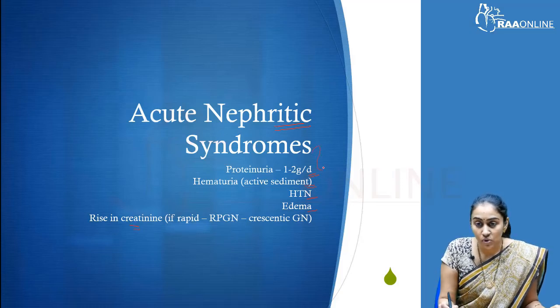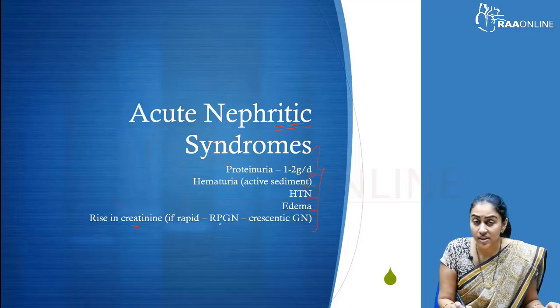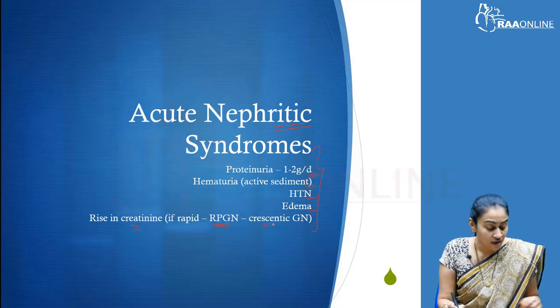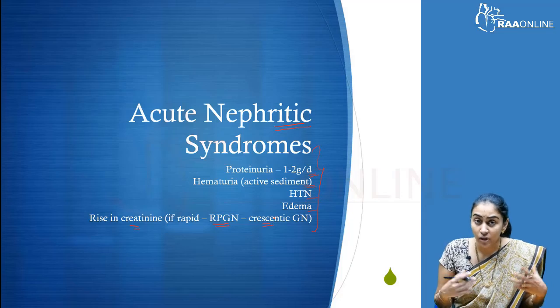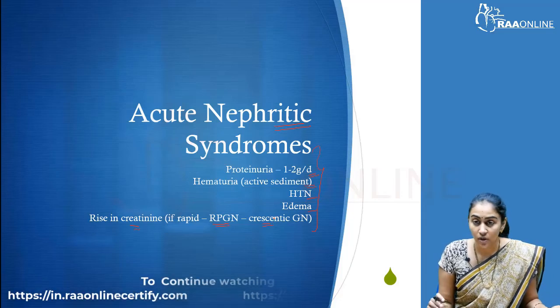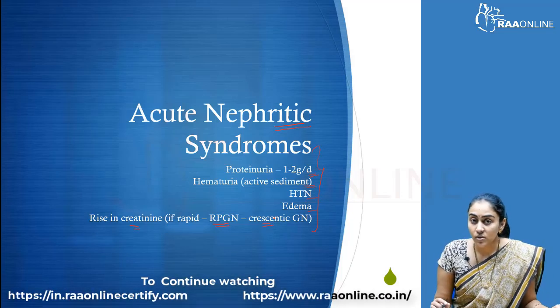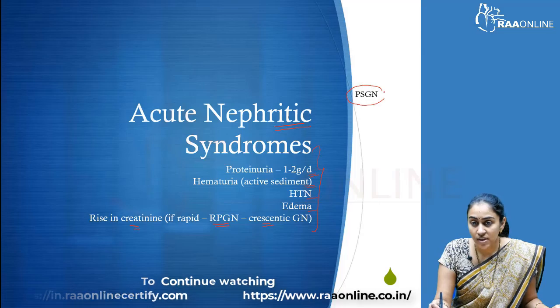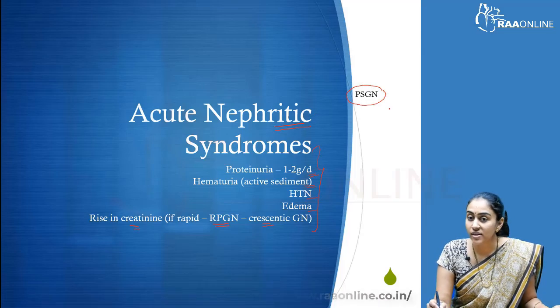If this syndrome occurs very rapidly and is very quickly progressive, then we refer to it as a rapidly progressive glomerulonephritis, and the pathology is that of crescents. So pathologically we call it a crescentic glomerulonephritis. Now let us look at the different conditions which fall under this category. Post-streptococcal glomerulonephritis is the prototype of an acute nephritic syndrome.